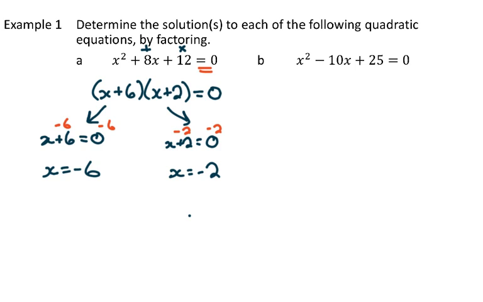Moving on to B, we equal 0, so we need to find two numbers that multiply to 25 and also add to negative 10. Those numbers happen to be the same number twice, negative 5 and negative 5. So that will factor into x minus 5 times x minus 5 equals 0.